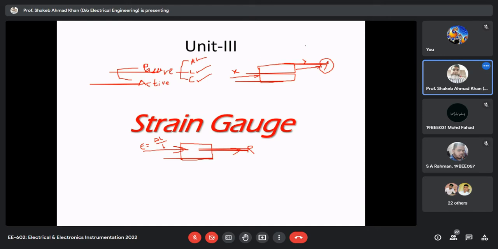Now we are not interested in measuring Y. Our aim is to measure X. So how can we find the value of X?